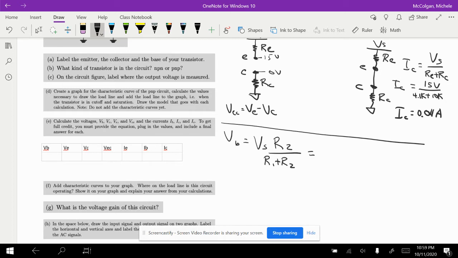And so plugging in, that's going to be 15 volts times R2 is 34.4 kiloohms divided by 5.6 kiloohms, that's my R1, plus 34.4 kiloohms.